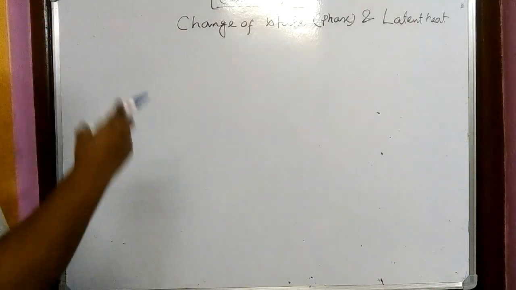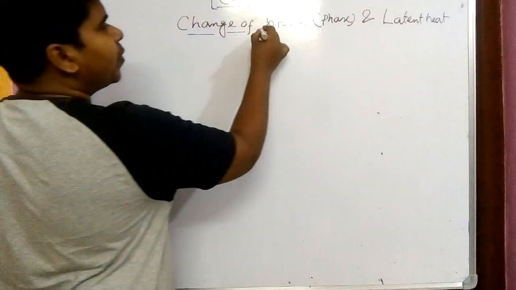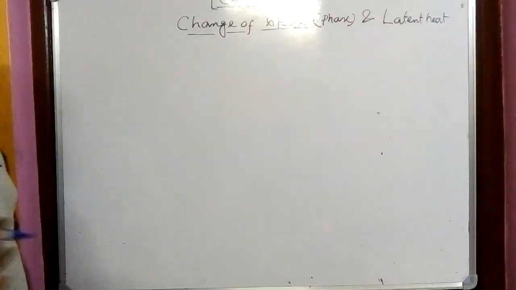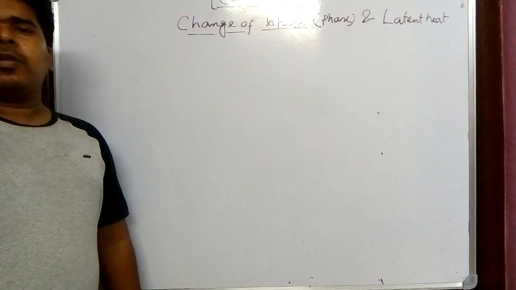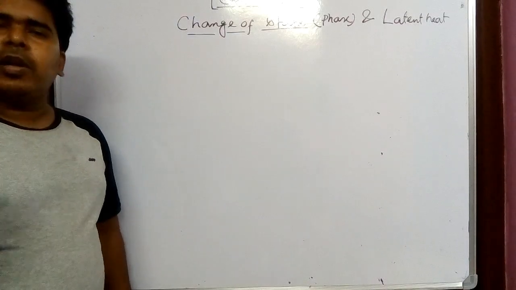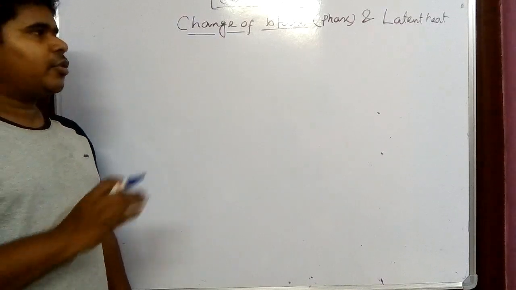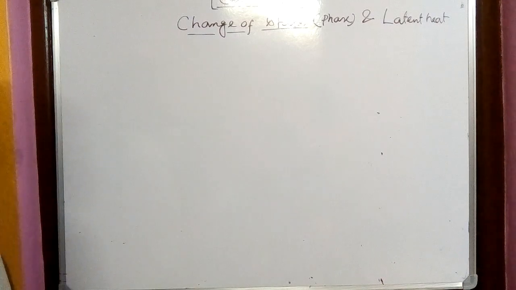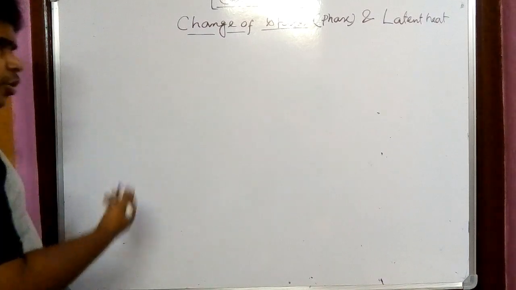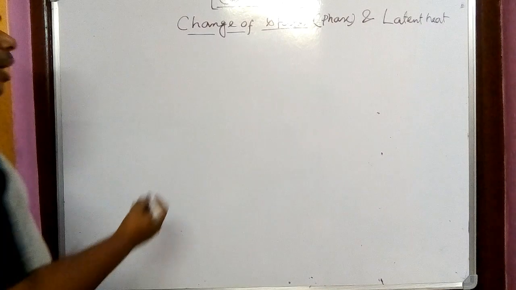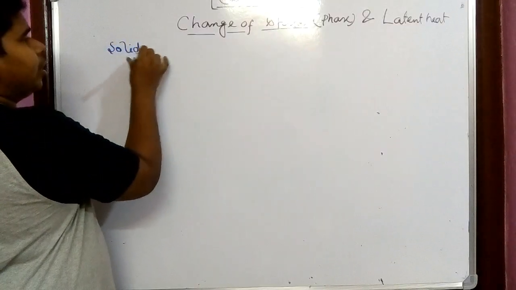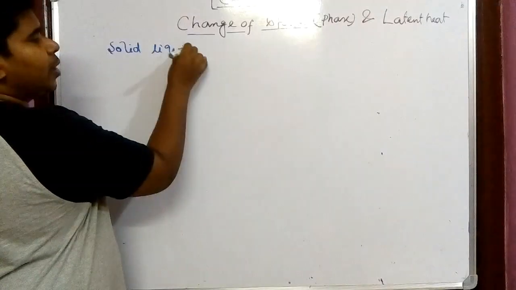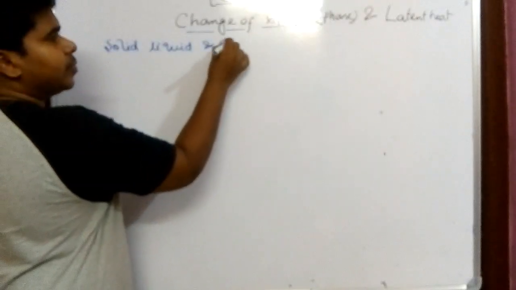So first we have to learn about change of state, and it is much easier because you have already learned it earlier. What is it? There are mainly three states: solid, liquid, and gas.